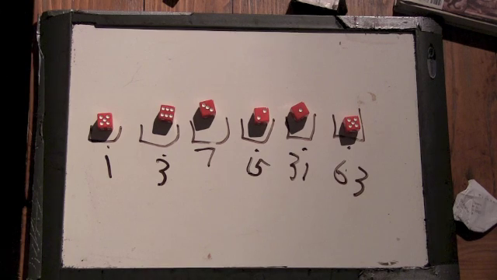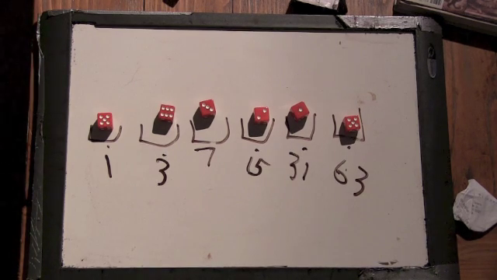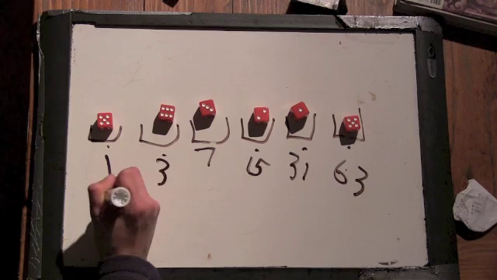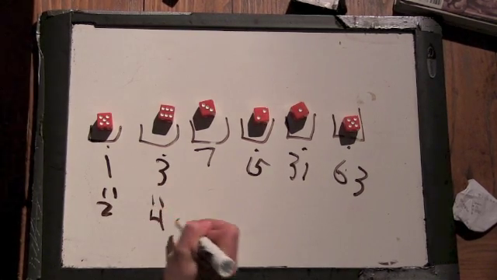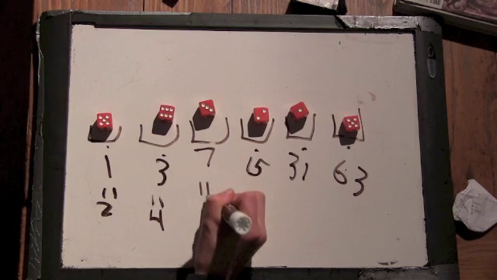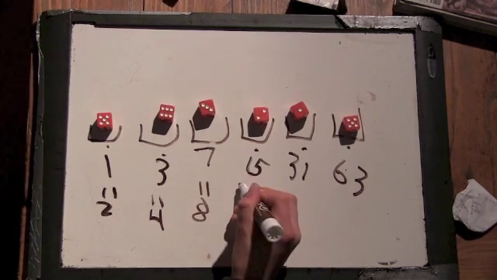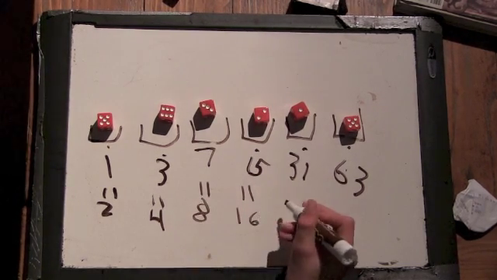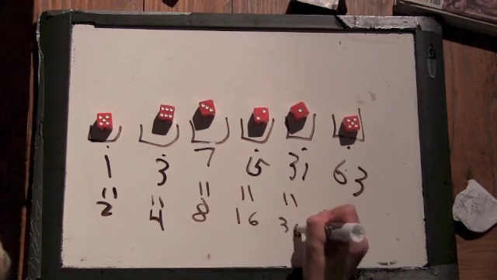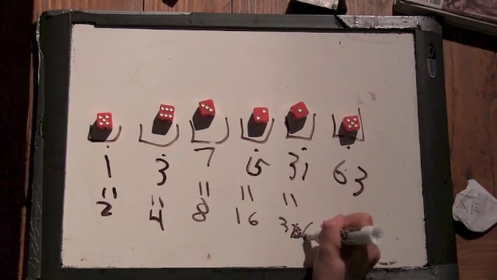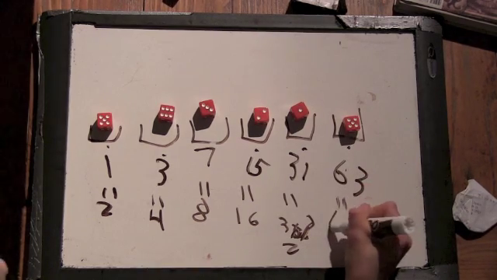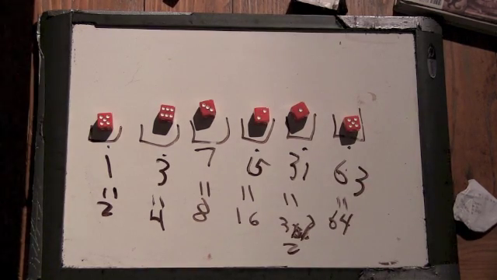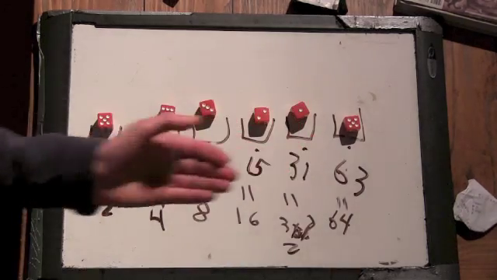I see a pattern here. 1 plus 1 is 2, 3 plus 1 is 4, 7 plus 1 is 8, 15 plus 1 is 16, 31 plus 1 is 32, and 63 plus 1 is 64. So these numbers plus 1 all equal the powers of 2.